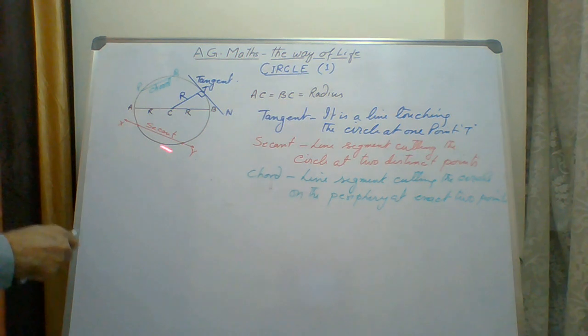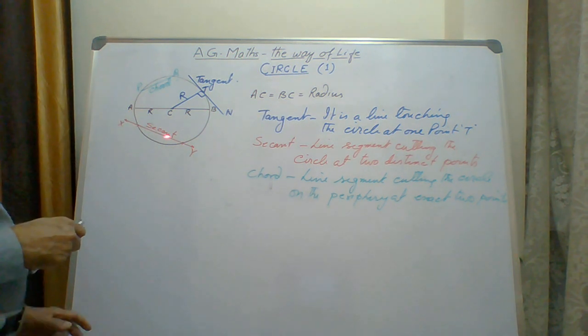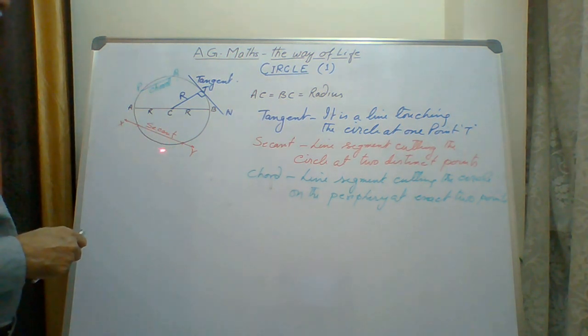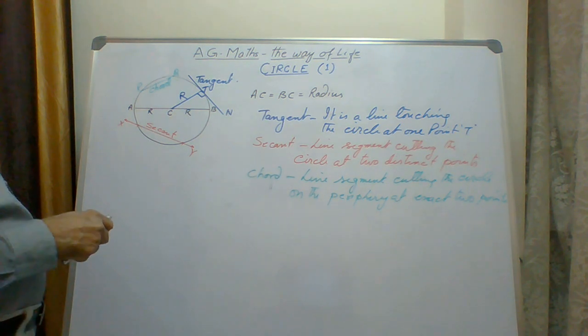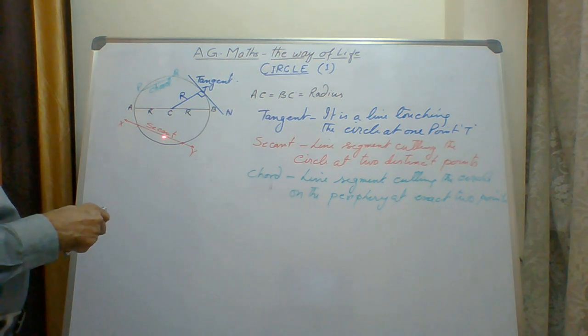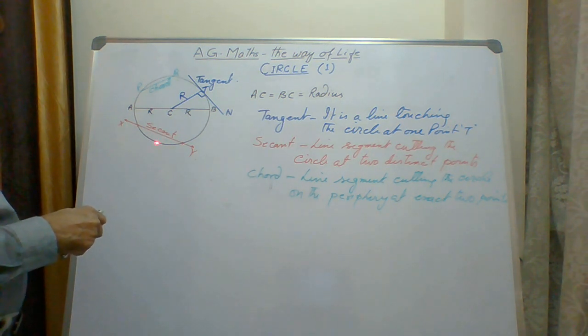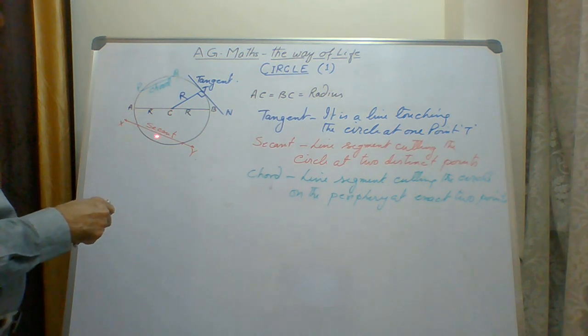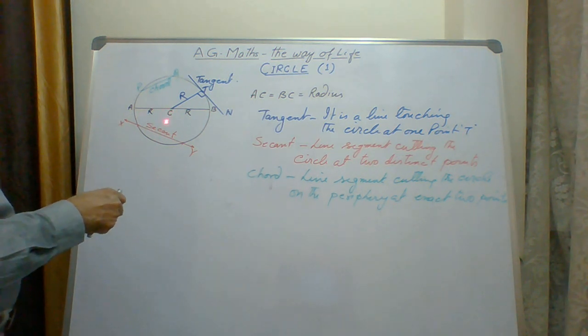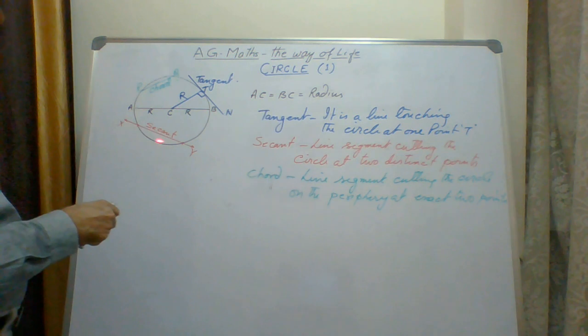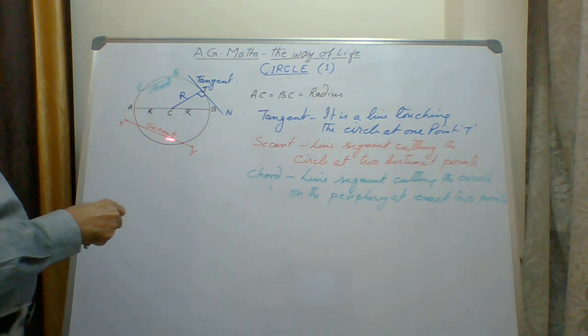Let us call it XY as a secant, cutting the circle at two distinct points but extended. If this secant is moved further away from the center, if it goes out in this direction, then what will happen? These 2 points will come closer and closer and ultimately they will coincide.